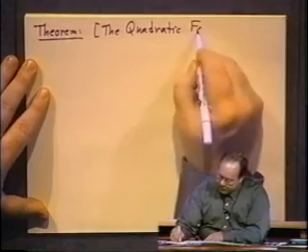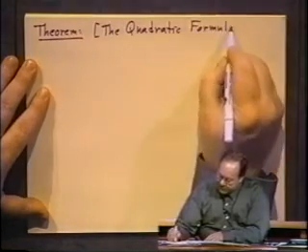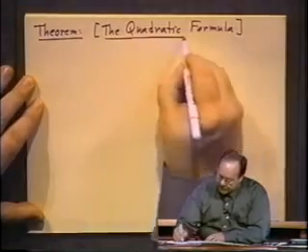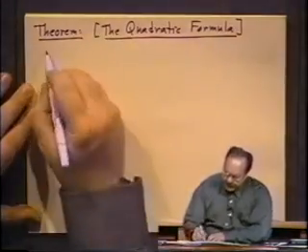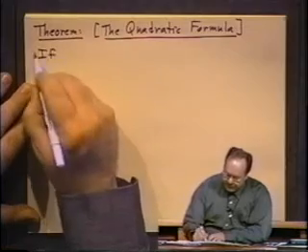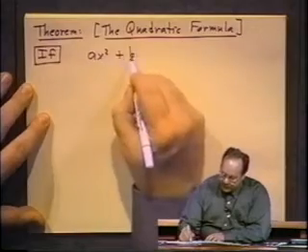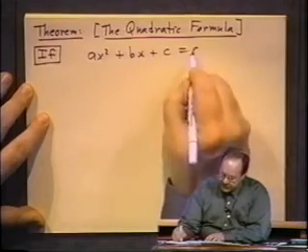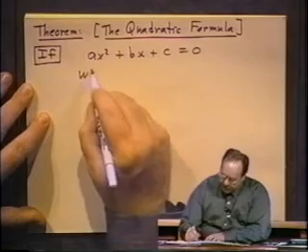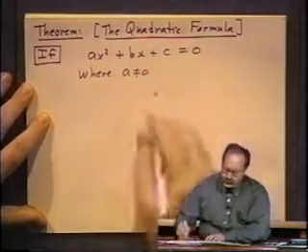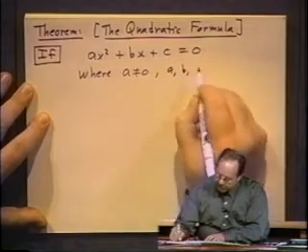This is the famous quadratic formula. It is analogous to the linear formula, but this one will be very useful, as opposed to the linear formula, which was not. And it goes like this. If you have ax squared plus bx plus c equals 0, where, as usual, a is not 0, otherwise you don't have a quadratic. And, of course, a, b, and c are real numbers.